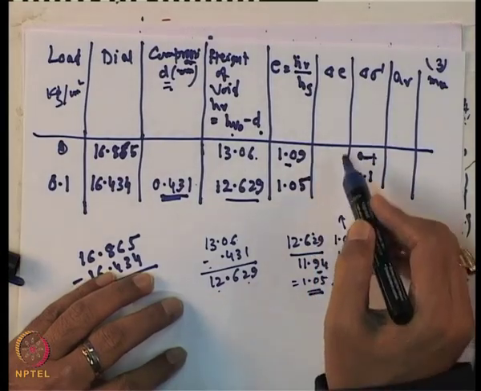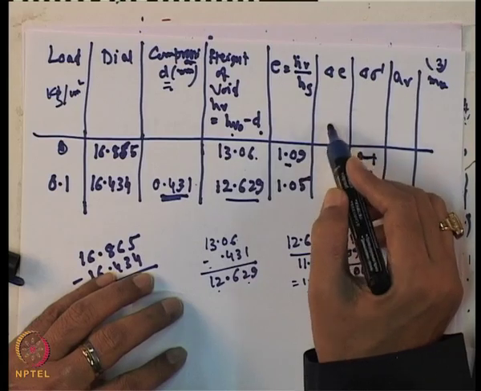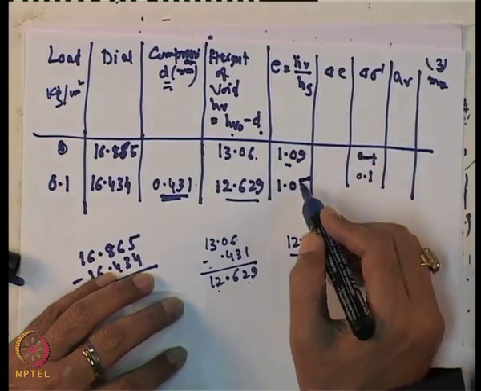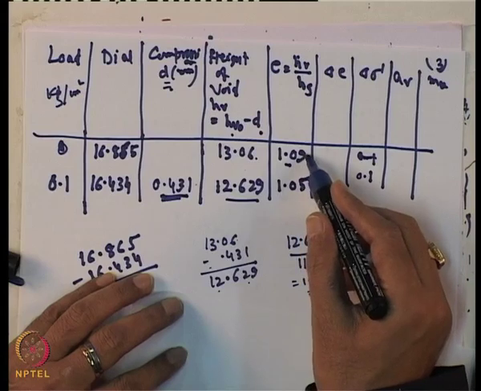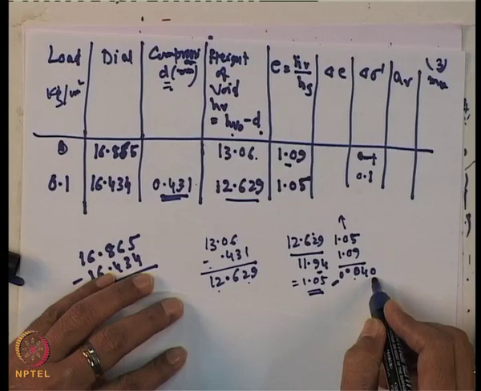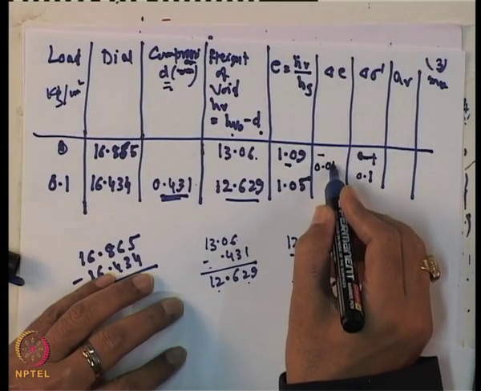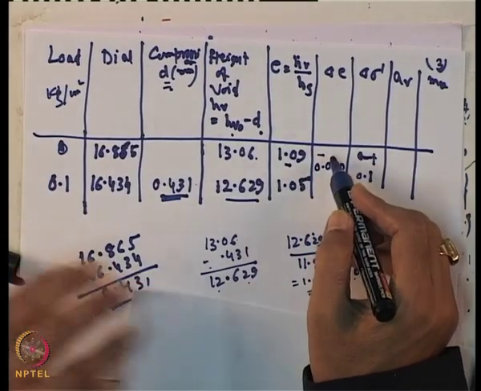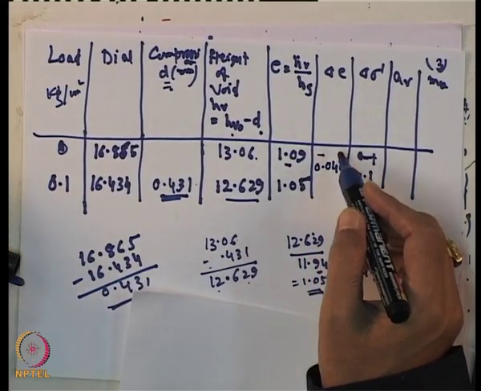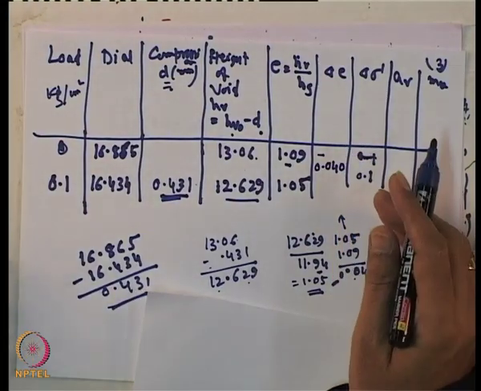Then we calculate delta e, the change in void ratio. So, 1.05 minus 1.09 gives minus 0.040. We can write here minus 0.040, that is the change in the void ratio.